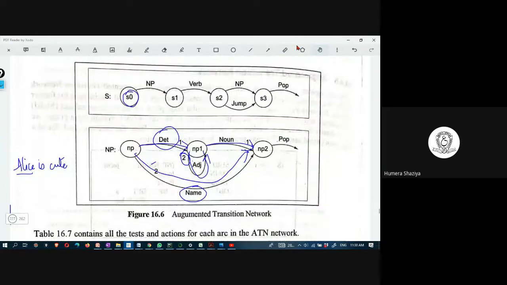Here, S naught, when it is taking NP, going to S1, whatever this NP is, is the subject of the sentence. If I say Alice is cute, Alice is the subject, and Alice is just the name. When Alice is just the name, the second network, noun phrase network, would take root number 2 and make it head of the sentence.